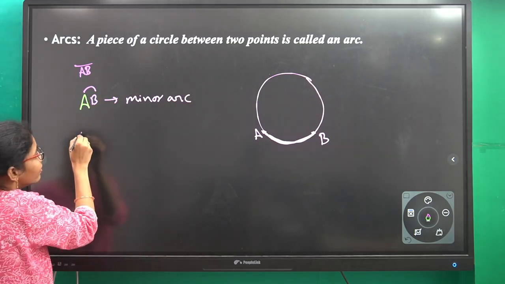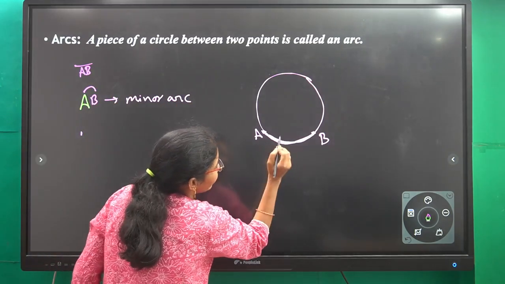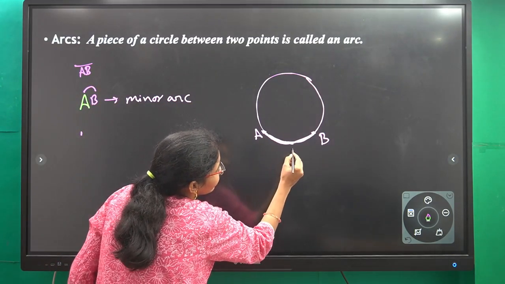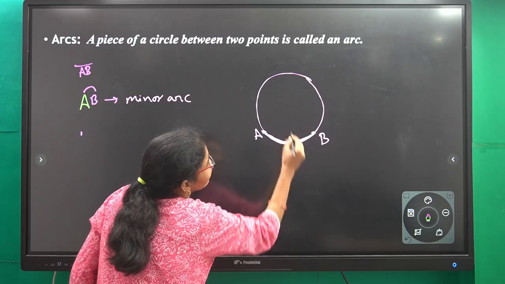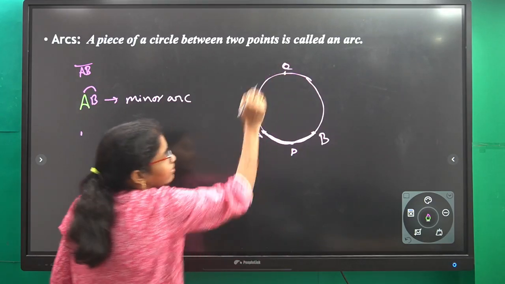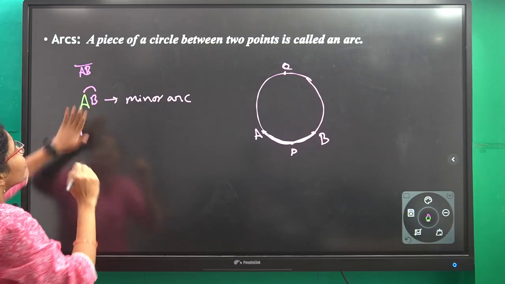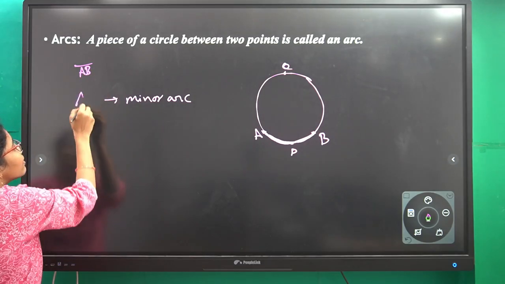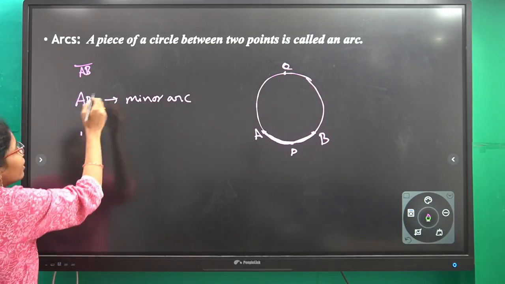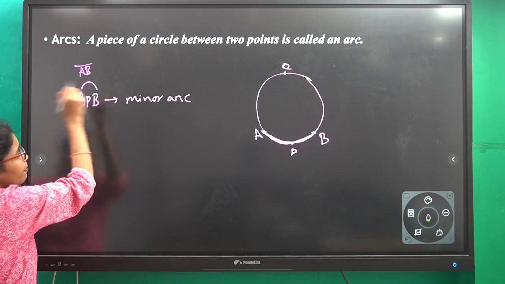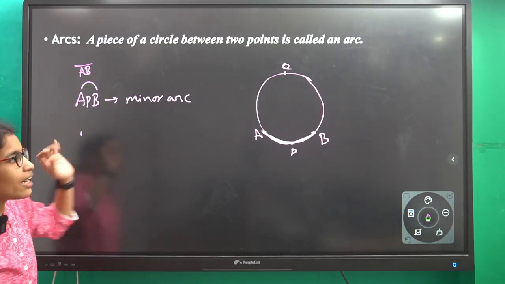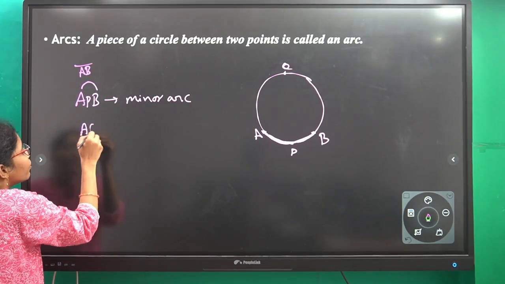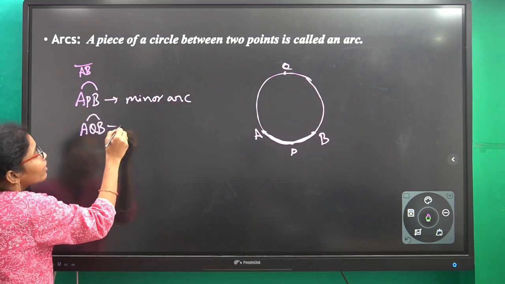And here I have taken 1 point on this minor part. Okay, some P you can take. Here you can take Q this side. So APB. Okay, this time you don't have any confusion, right? APB arc is minor arc, and AQB, which is this, what?